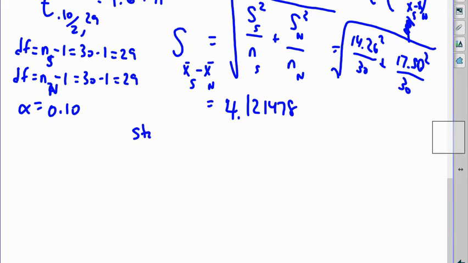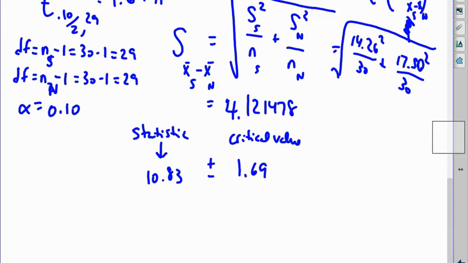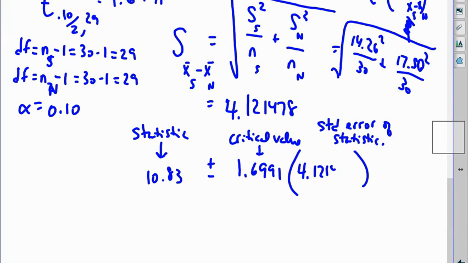That's your statistic, which is 10.83. Let's add and subtract that critical value, and in this case a t, which we got as 1.6991. And so that's that right there. And then we've got our standard error of statistic, which we just found is 4.121478.